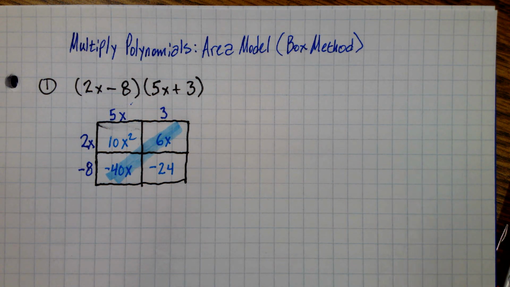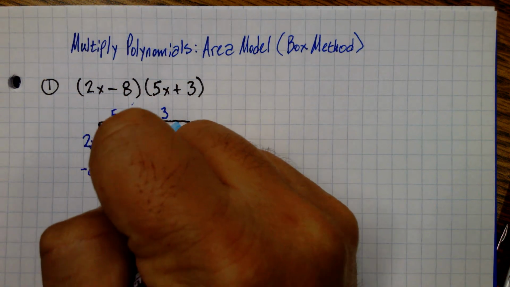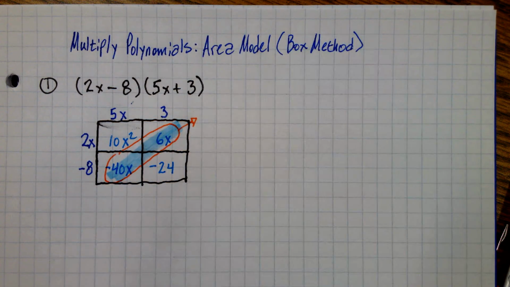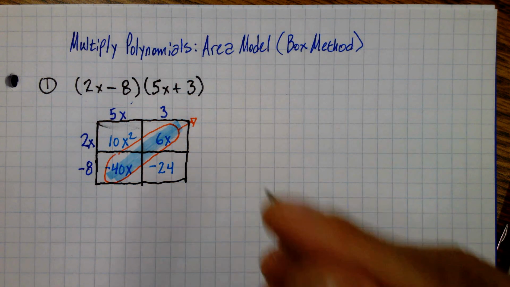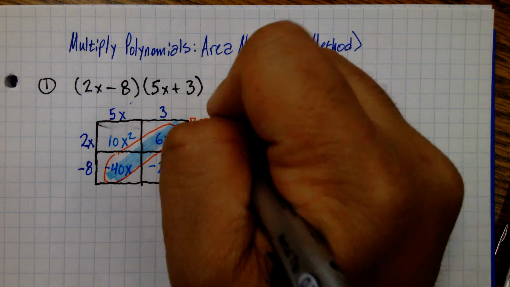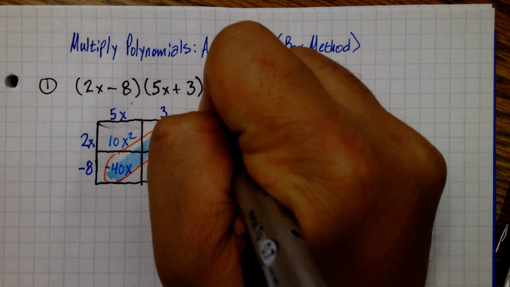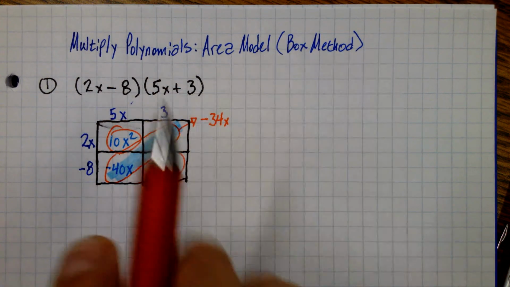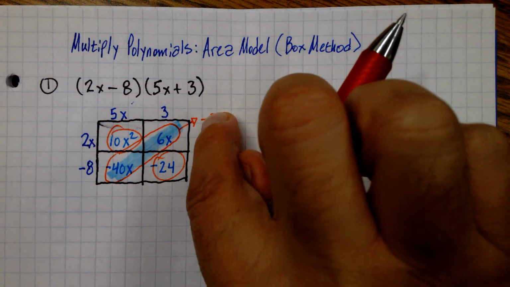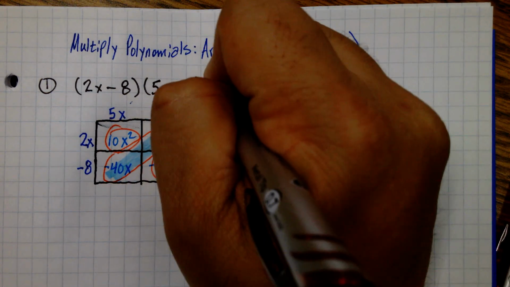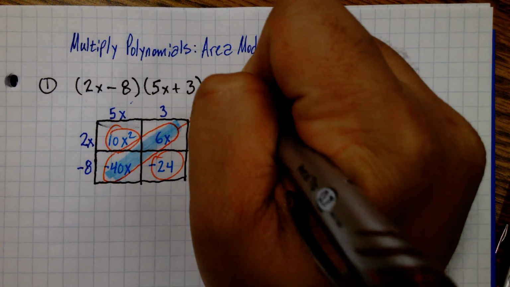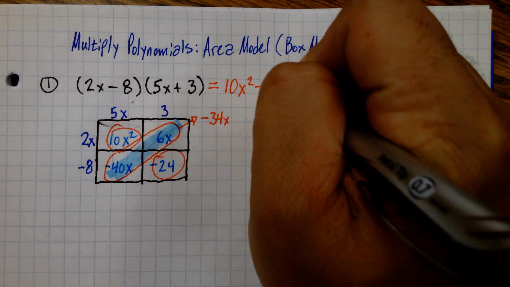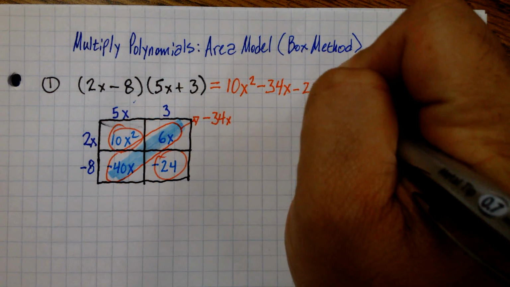Okay? So the only thing really left to do to get the final answer is combine these. So if I combine negative 40x and 6x, I get negative 34x. Okay, so here's my answer. 10x squared minus 34x minus 24.